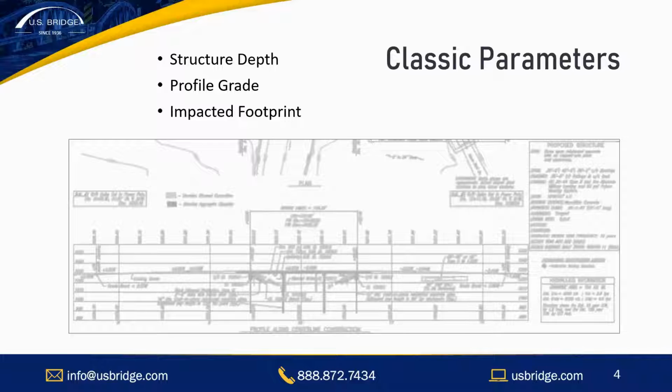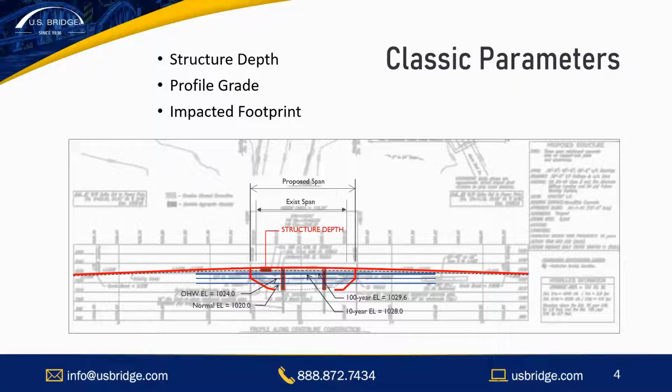And that brings us to, what are the things that bridge engineers need to consider? They're considering that structure depth is going to affect the beam depth, or the site is going to be cause for looking at the structure depth. Whenever you're replacing a bridge, many times you're stepping back behind the existing abutments, your span's growing a little bit. Depth becomes important.